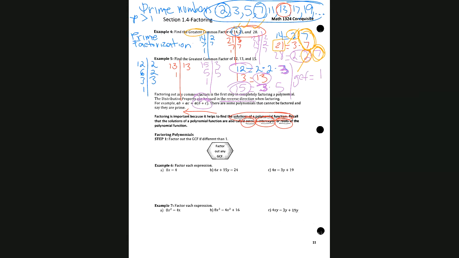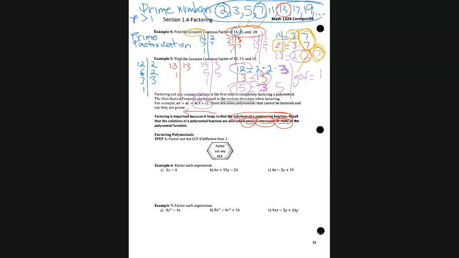Factoring is also very helpful to reduce expressions, not just algebraic, but also trigonometric expressions. Factoring could help you solve many problems, not only in this class, but also in calculus.